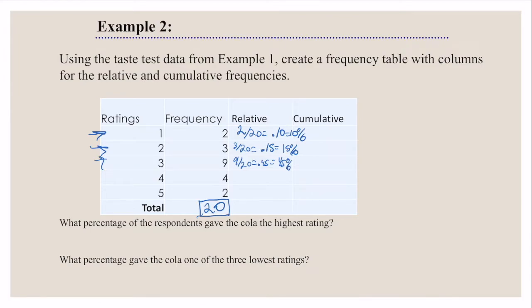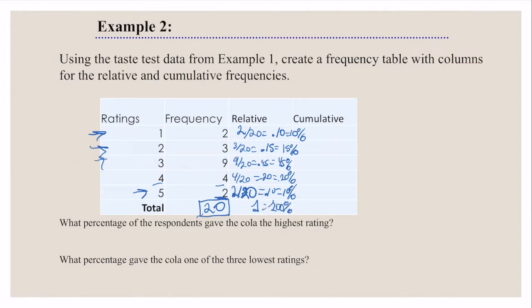For a rating of 4, it occurred 4 times, so 4 out of 20, which is 0.20, or 20%. And then I take 2 divided by 20. Be careful, that's the rating, that's not the frequency. The frequency is 2. 2 divided by 20 is 0.10, which is 10%. This should all add up to 1 or 100%.